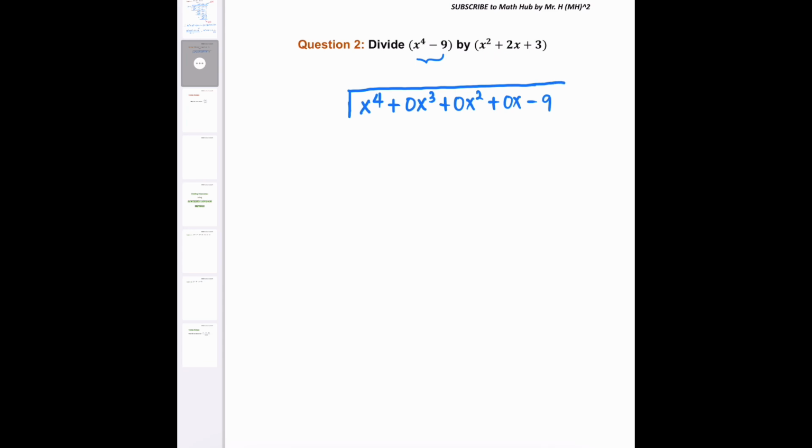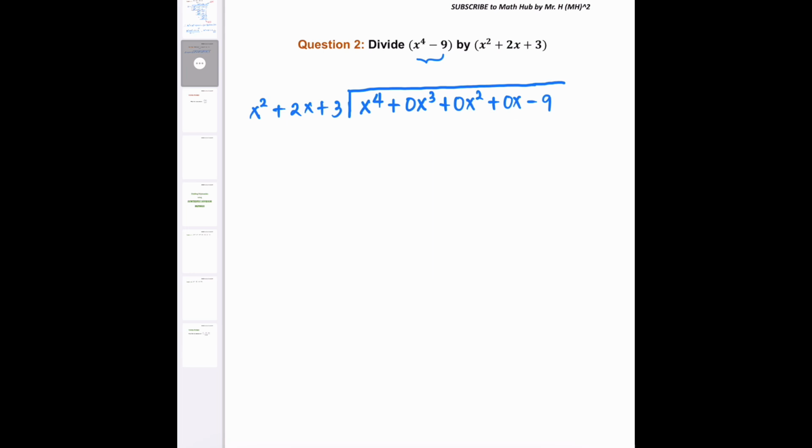So our divisor is x squared plus 2x plus 3. Know that 0x cubed is actually equal to 0. So technically, we didn't change the actual value of the expression. So 0x cubed, 0x squared, and 0x are actually 0.